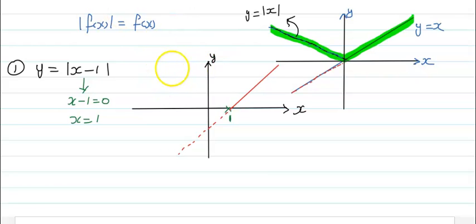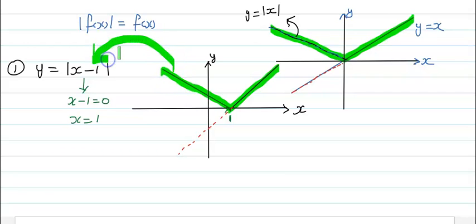So in this case, this green line is showing modulus of x minus 1, and the coordinate of this point will be 1 and 0.